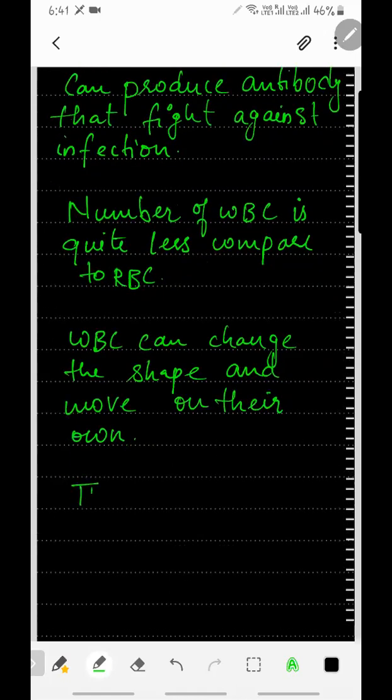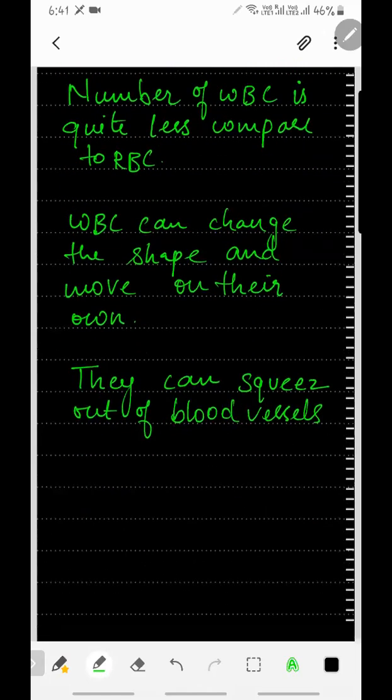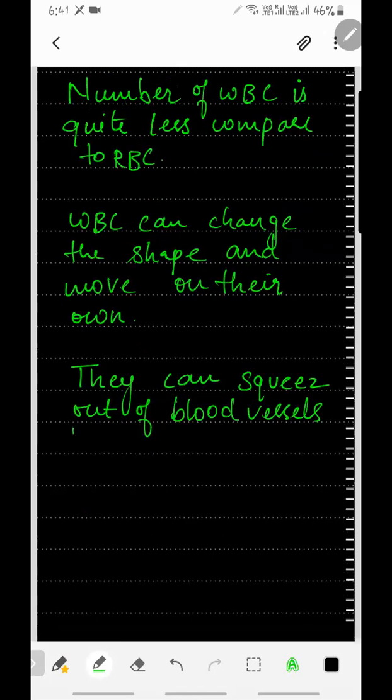Even they can squeeze out of blood vessels to reach any parts of the body.